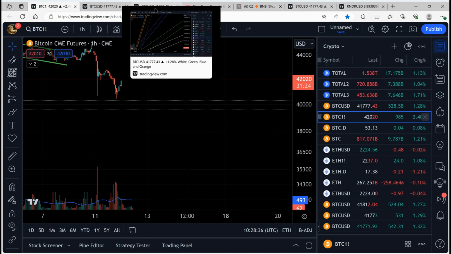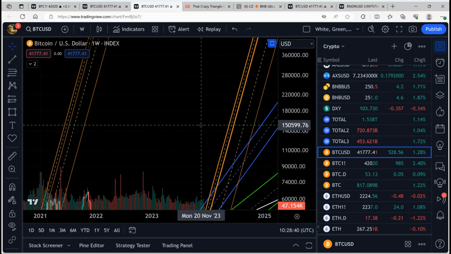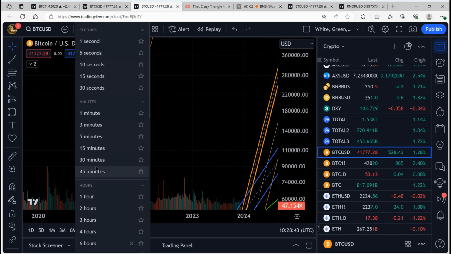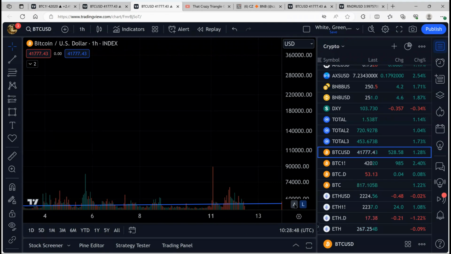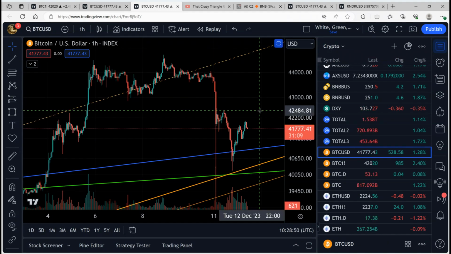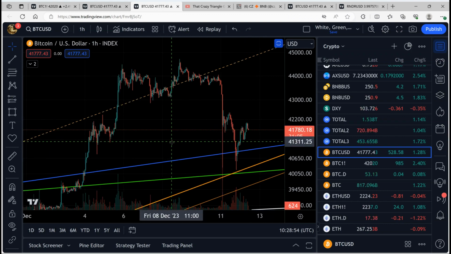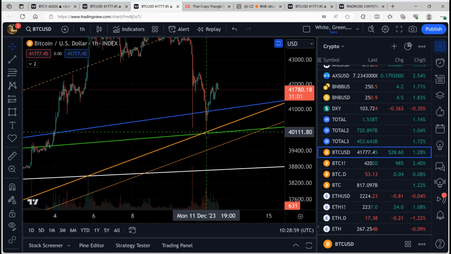Another thing I wanted to point out with our channels here. Let's go to a daily or maybe even an hourly time frame. Look at where we came down to.